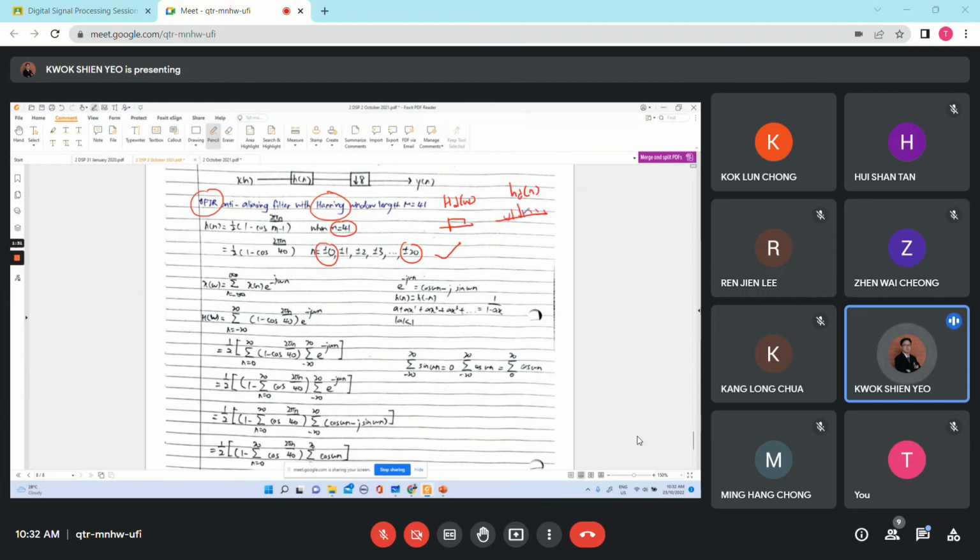They are not causal yet because you have values at the negative side of the graph. So in order to multiply with this Hamming window, you need to shift this first to the right side. Make this causal, then only you multiply with your Hamming. That's the idea.